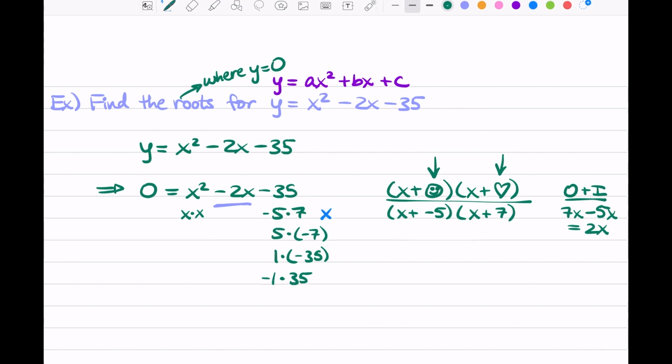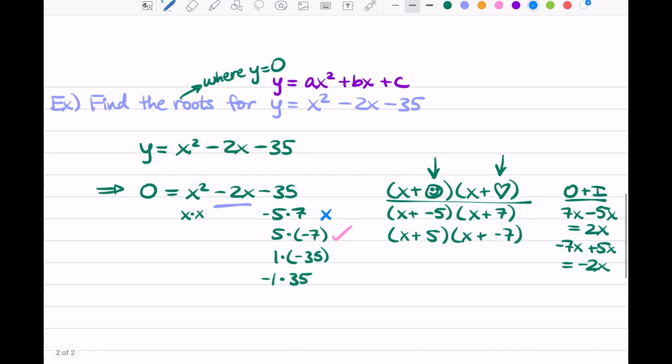Let's check the second option. Plug in a 5 for smiley face, and a negative 7 for heart. O plus I gives us negative 7x plus 5x. That equals negative 2x. And that's what we wanted. So we found our two factors, and we don't need to check the rest.